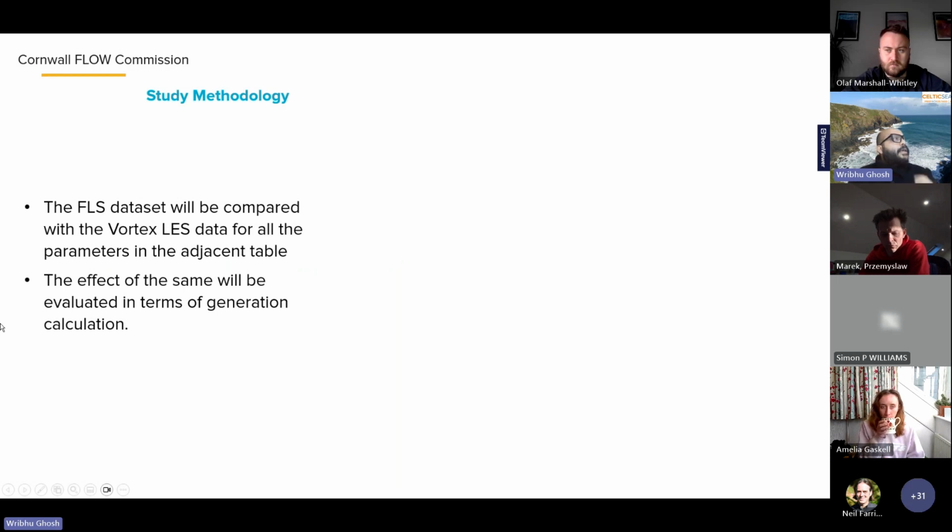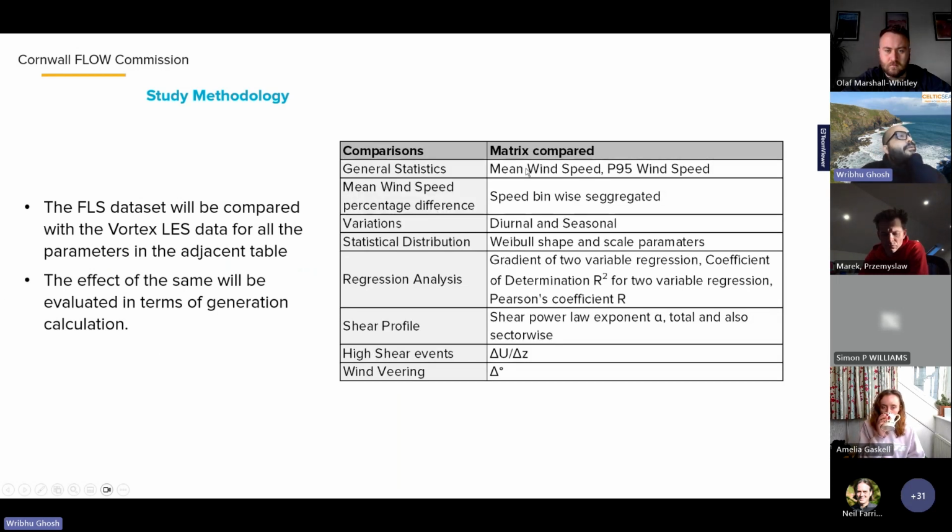So as we described, we are going to compare these two data sets on all these parameters, especially our mean wind speed and the statistical P95 wind speed. We're going to segregate the wind speeds into 1 meter per second bins and see how they compare.